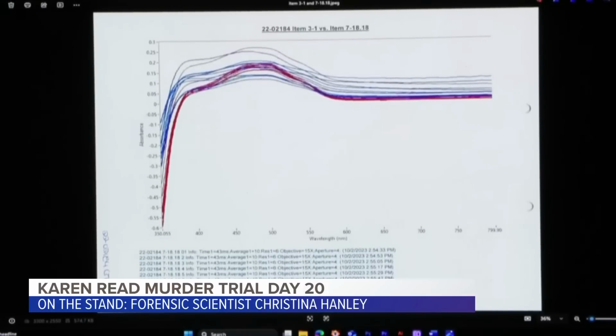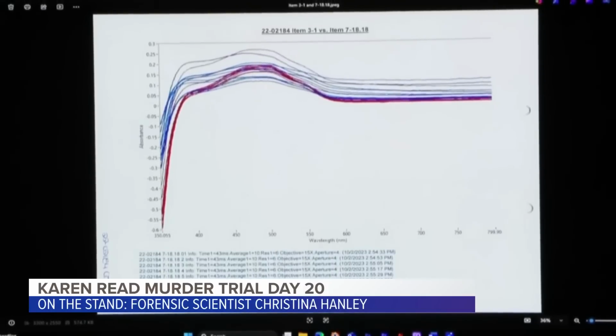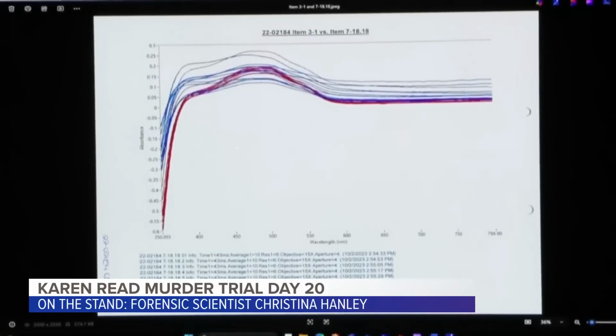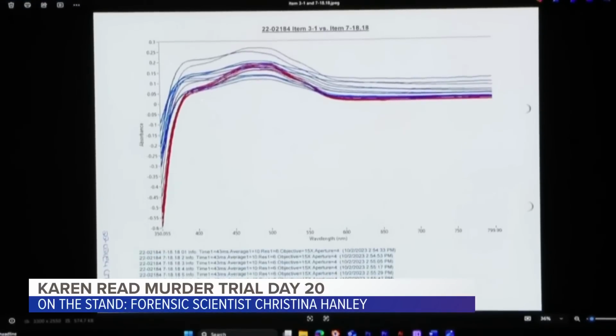These are the samples that I ran, from item 3-1 and 7-18.18, and the spectra are overlaid in order to look at it and determine whether they have a consistent or not consistent pattern.